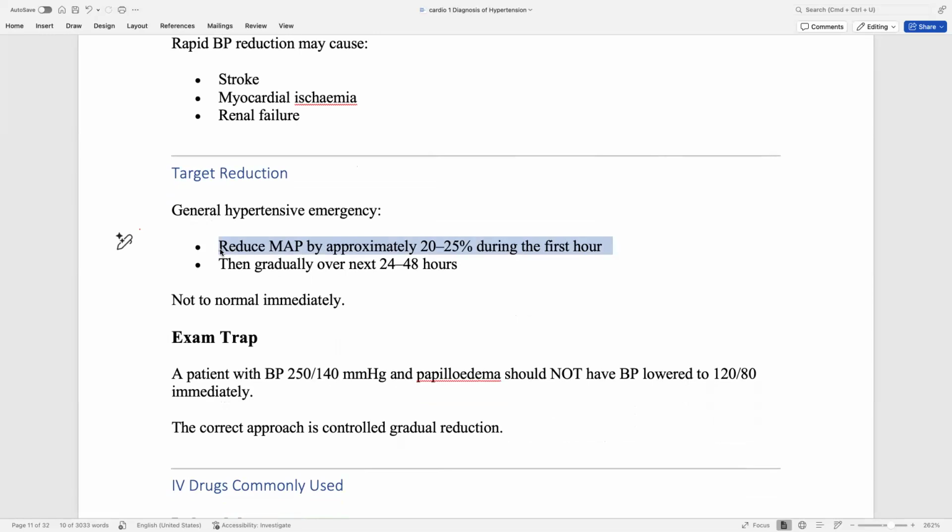If the blood pressure is 200, we can reduce it by 40 only, to 160, within 1 hour and then stop. Then gradually over the next 24 hours. So we can reduce up to 20 to 25% in the first hour, and after that very gradually.